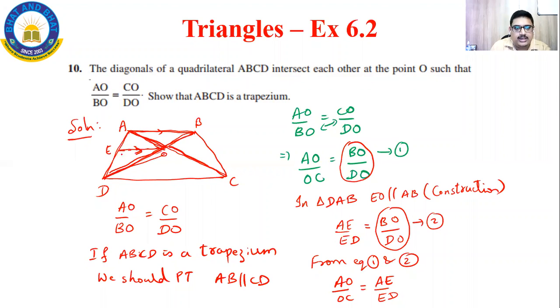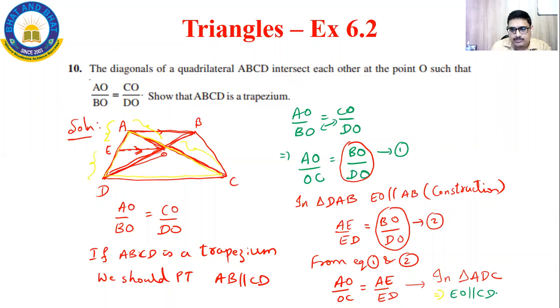In which triangle does this come now? This will come in triangle ADC. Observe students, AO by OC, where is AO? AO is here, by OC is equal to AE by ED. So what will be my conclusion? If this ratio is true, EO is parallel to CD.